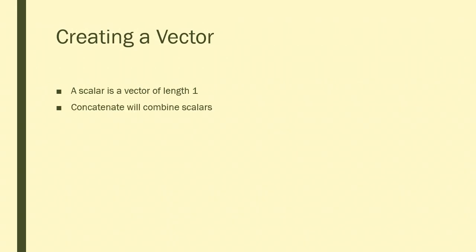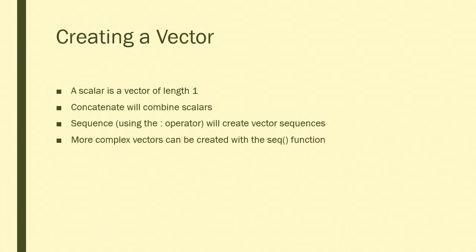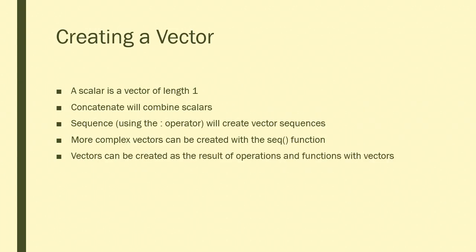So creating a vector: a scalar is a vector of length 1. Concatenating is the way we combine our scalars to get a longer vector. Sequencing using the sequence operator, the colon, will create vector sequences, and you can create more complex vector sequences with the sequence function. Vectors can be created as the result of operations and functions with vectors.